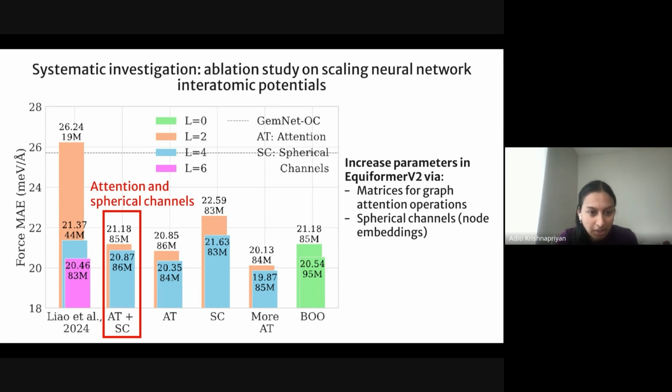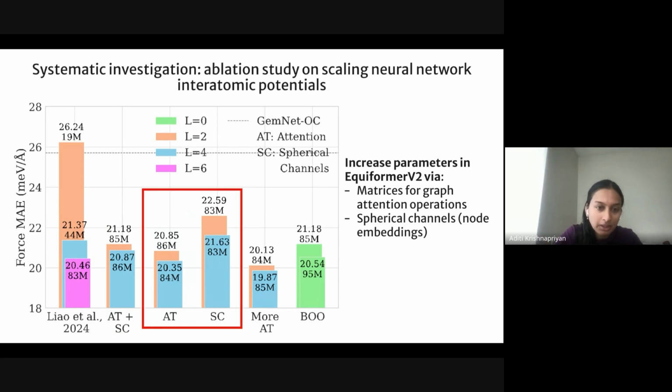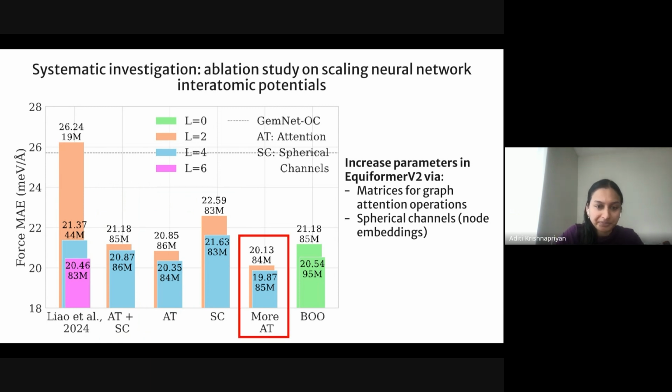The most immediate thing we noticed by doing this is once you get the different models to about the same parameter counts, the error also ends up being pretty similar between these different orders of L here. And if you do this further, so if you add parameters specifically through attention mechanisms versus specifically through spherical channels, when you do it through the attention mechanisms, things seem to be a bit better, at least measured on this particular metric of force MAE.